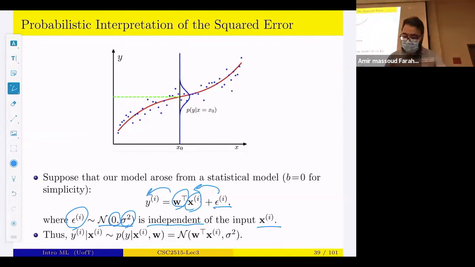So we can say that the distribution of Yi conditional on Xi is a normal distribution with the mean of W transpose Xi and variance sigma squared. So this is the probabilistic model of how data is generated. For now, we assume that this is how it is.